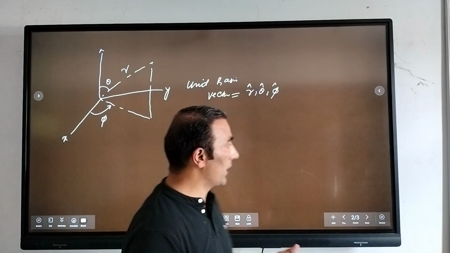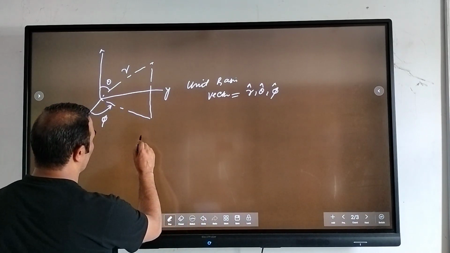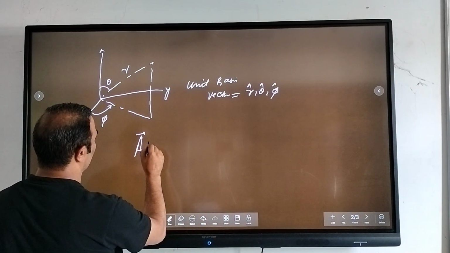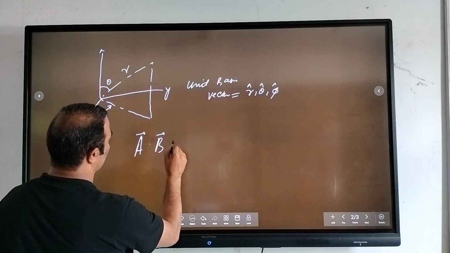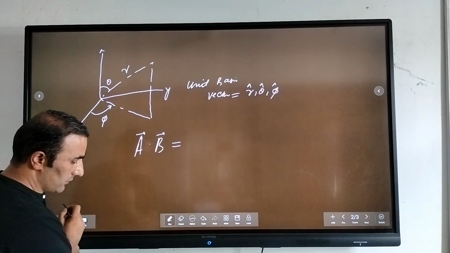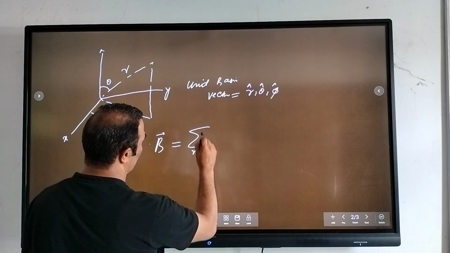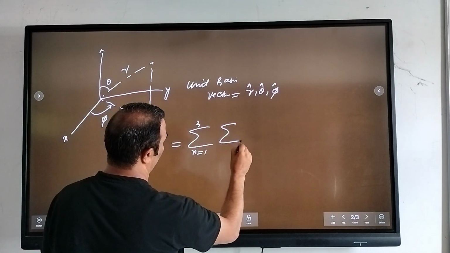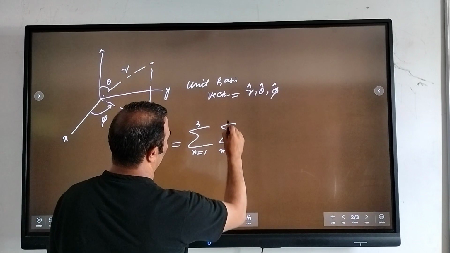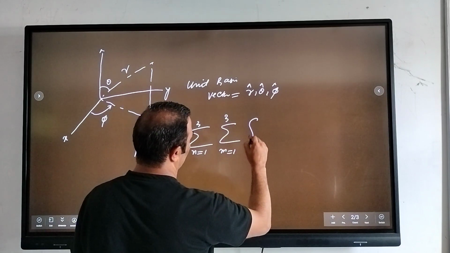So we have calculated that if we have two vectors a dot b, I can write this as the summation from 1 to 3.